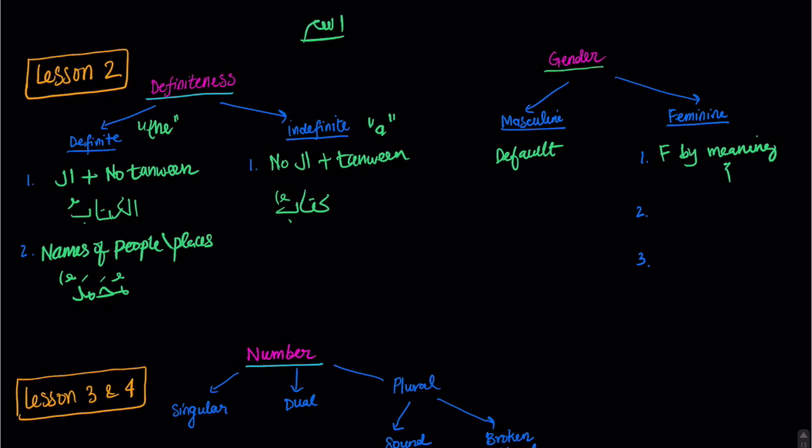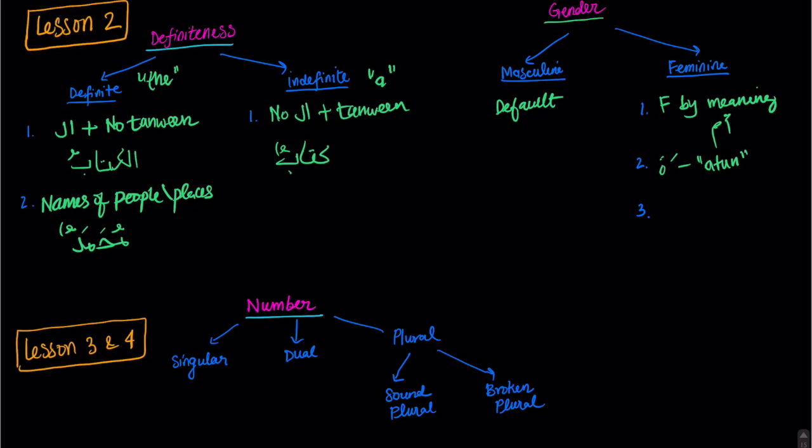So for example, the word which means mother, it's referring to a female, and so the ism is also feminine. Next, we have the feminine ending, the atun ending. Usually when you see this type of ending, the word is feminine. And finally, we learned that broken plurals are treated as feminine singular.